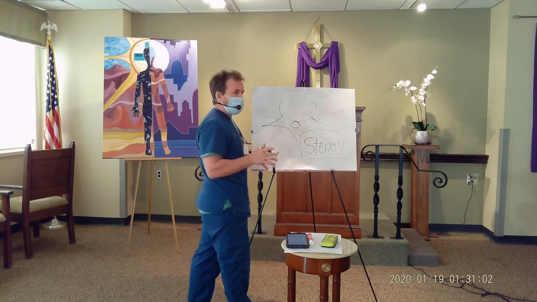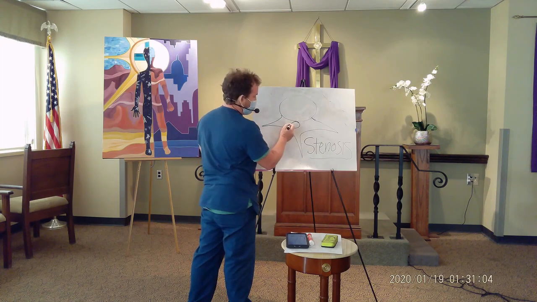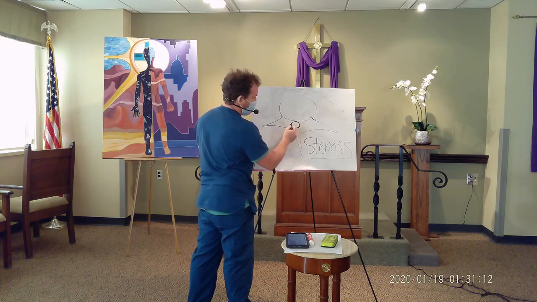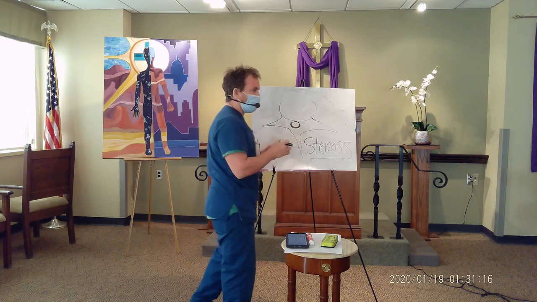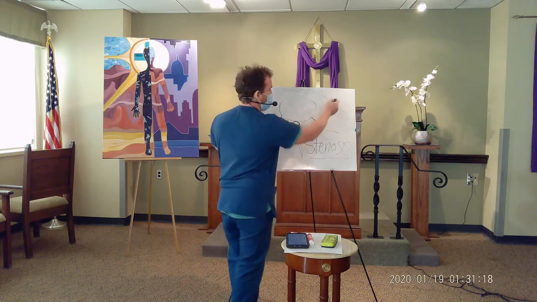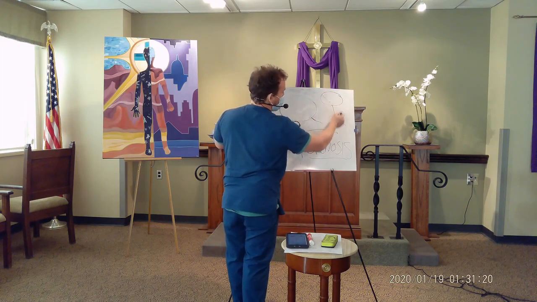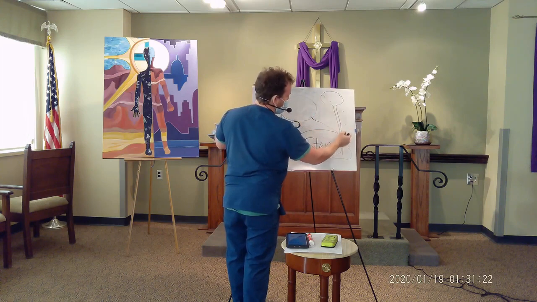There's different types, but essentially this bone has, for whatever reason, encroached on this spinal cord in the middle, causing a narrowing of the cord, which is putting pressure to those nerves coming down through the body, through the spinal cord.